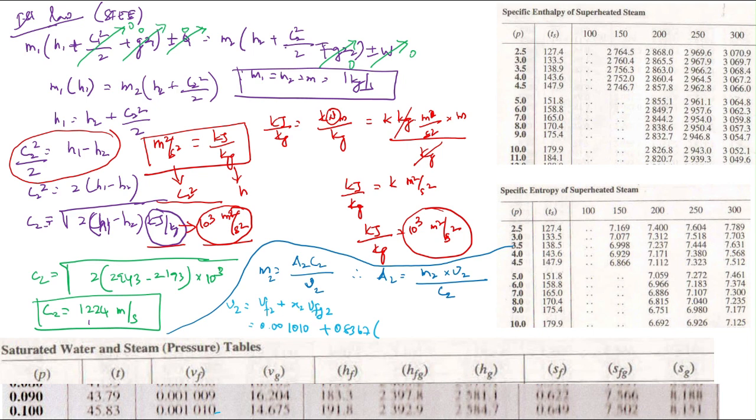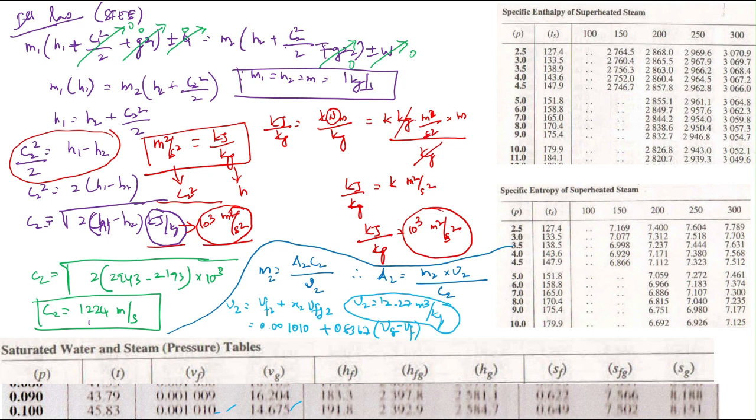Vg value is given and Vf value is given. After substitution, we get V2 is equal to 12.27 meter cube per kilogram.